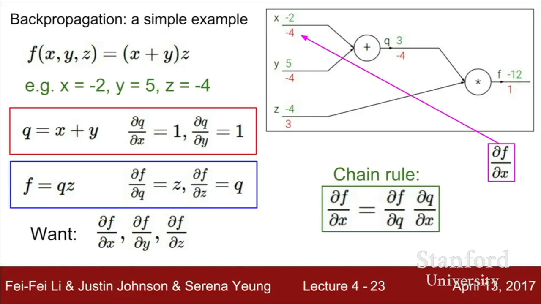So we said the value of q is going to be x plus y, which is -2 plus 5, so it's going to be 3. And we have z is equal to -4. So we fill that in here, and then we multiplied q and z together, -4 times 3, in order to get the final value of f. And then the red values underneath were as we were filling in the gradients while working backwards.